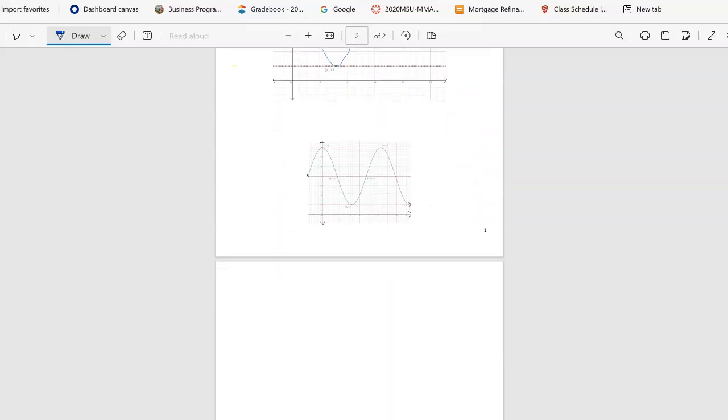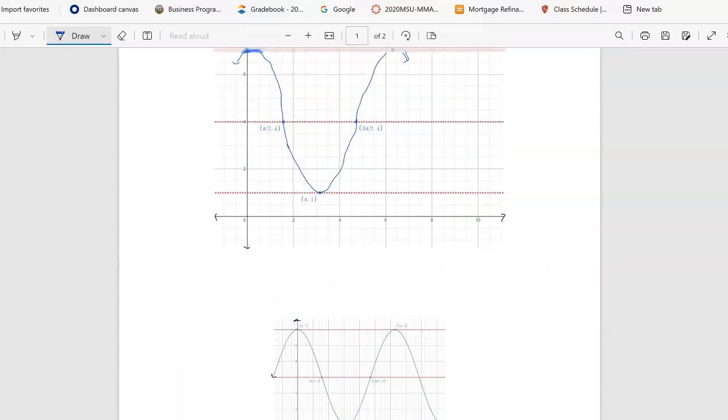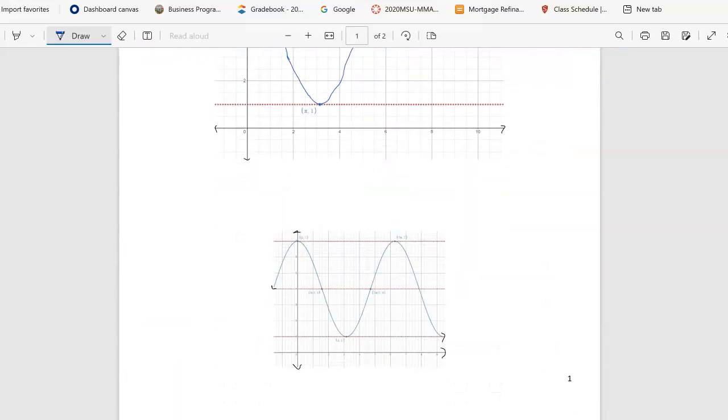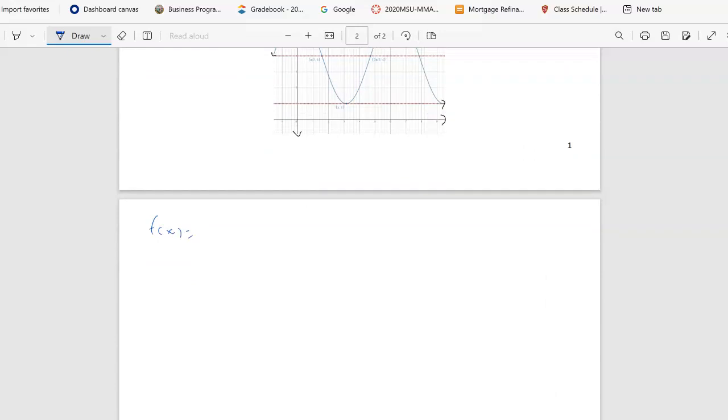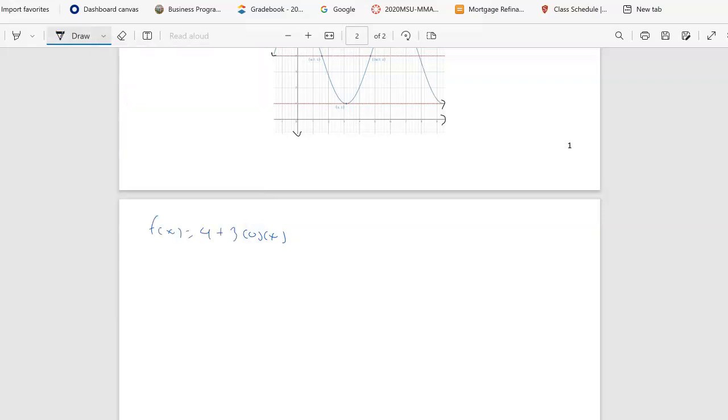So let me actually rewrite the function. The function that they're asking us to find the inverse of is 4 plus 3 cosine of x. Remember that when you're doing the inverse, you start with changing f of x to y.